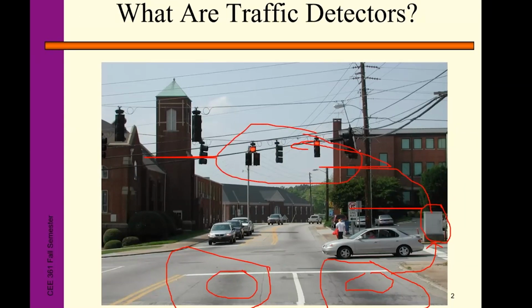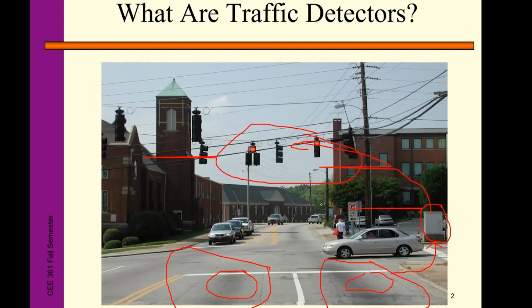It could be pre-timed signal control, which means we specify the signal timing according to the time of day, and then the signal head green time allocation is scheduled based on those pre-specified signal timing plans. We can also have traffic responsive signal control, based on the traffic arrivals captured by the traffic sensors, the loop sensors.